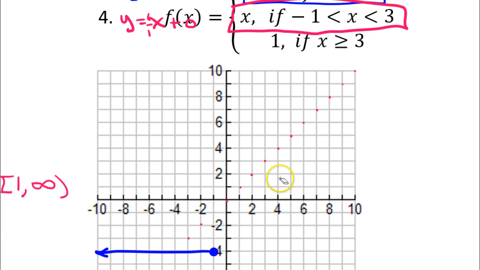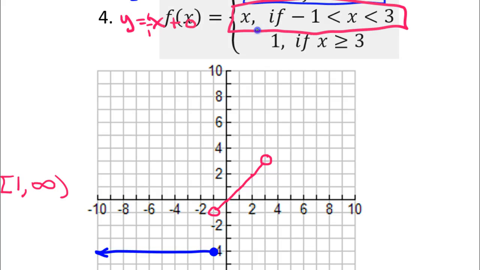All right, so when you have a variable between two numbers, that means we're supposed to draw the part of the line that's between those two endpoints. So that's what this piece is going to look like. Notice open circle, because it's not or equal to. And I will erase these extra points here. All right, so that's it for the pink part.